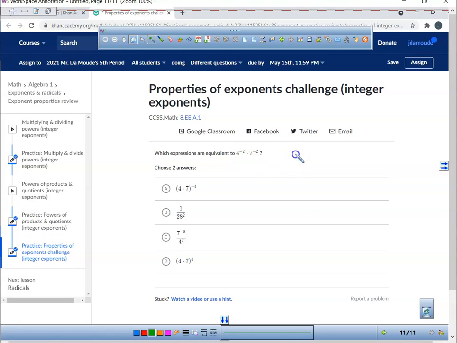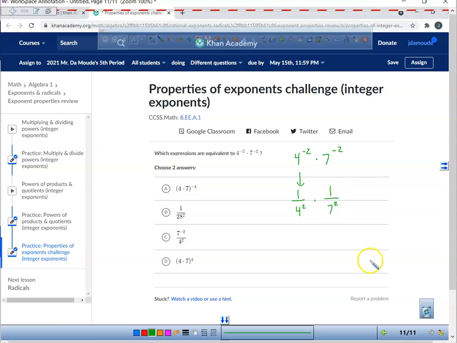So here we go. 4 to the power of negative 2 times 7 to the power of negative 2. Well, that's easy. That could become 1 over 4 squared times 1 over 7 squared. So that's one way of looking at it.